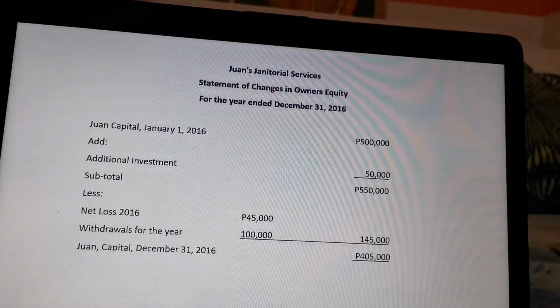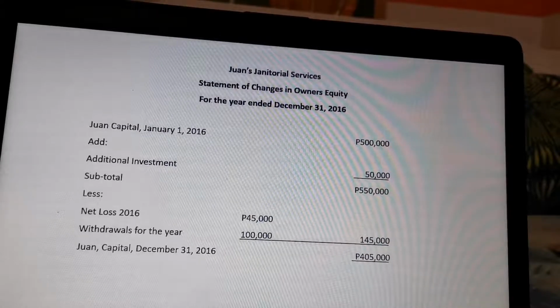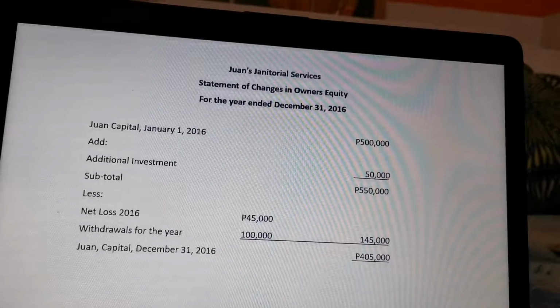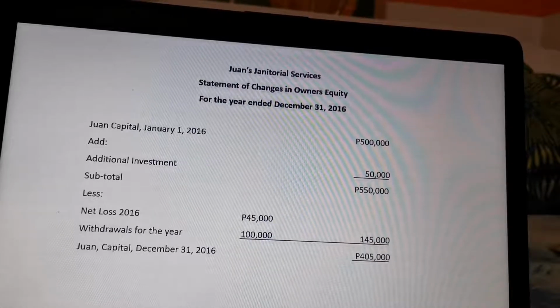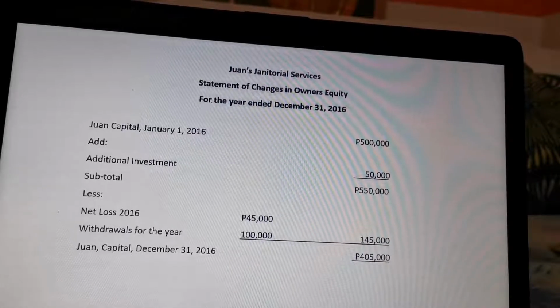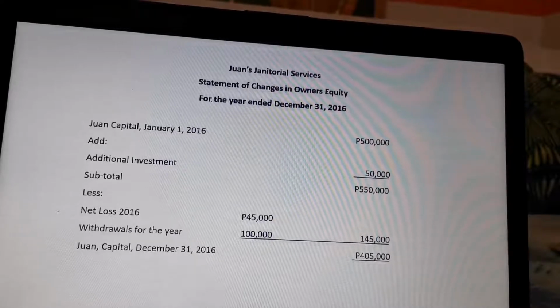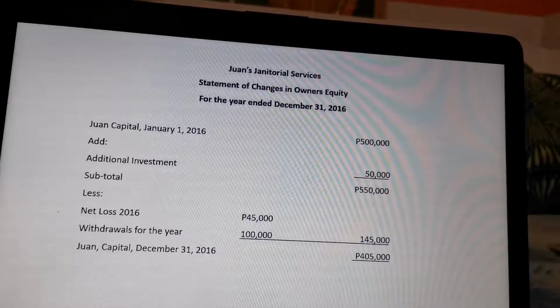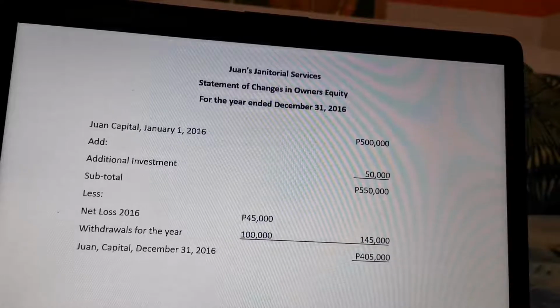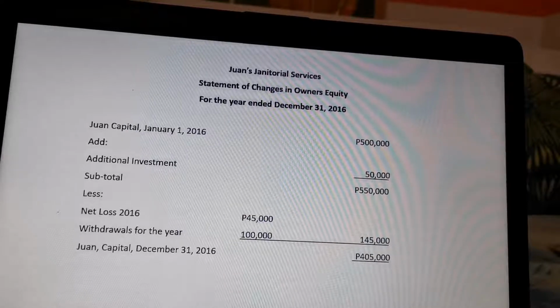We have the capital beginning, which is 500,000. Una muna natin gagawin is lahat ng addition. So add natin lahat ng additional investment, which is 50,000. So ang subtotal niya is 550,000. Tapos lilisin natin lahat ng mga losses and the withdrawal.